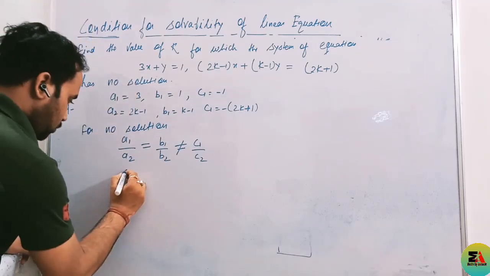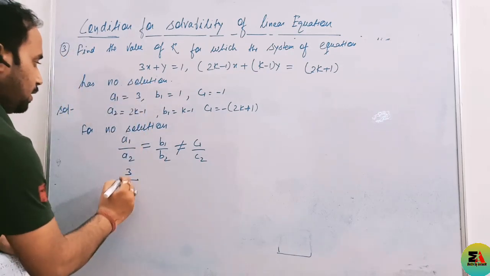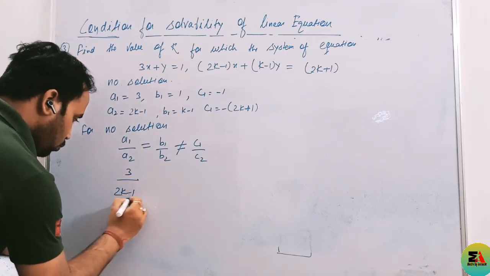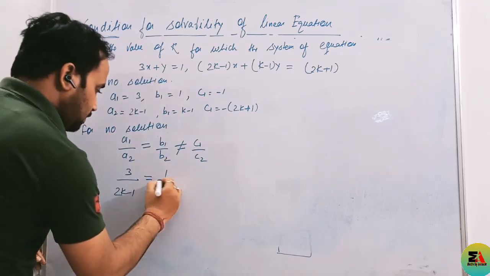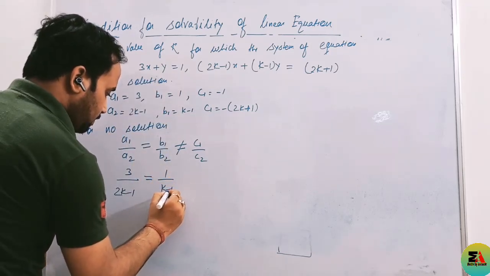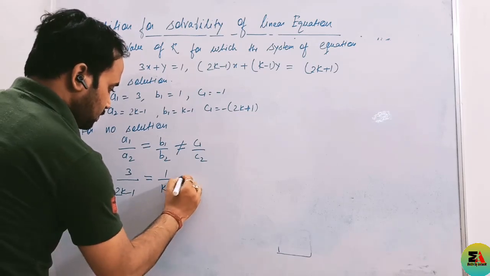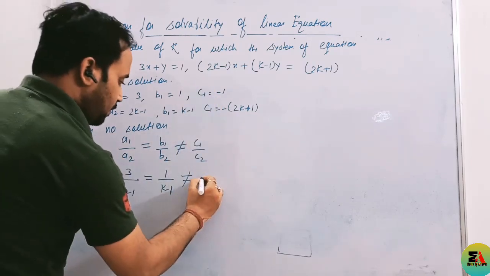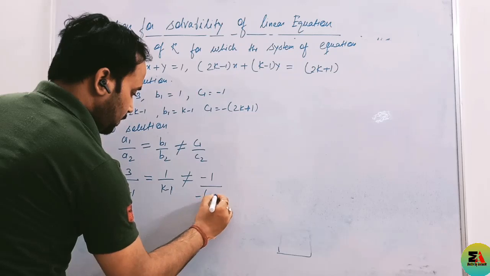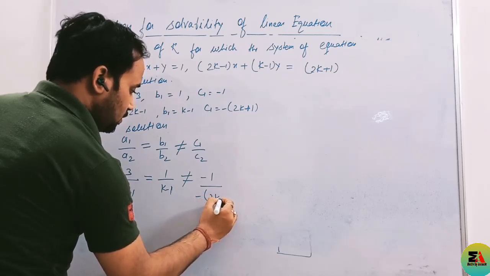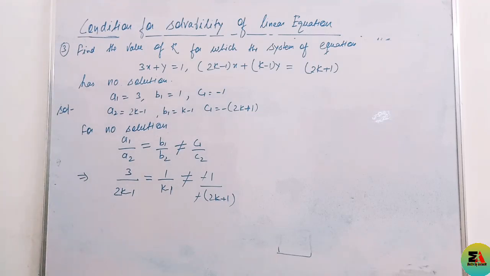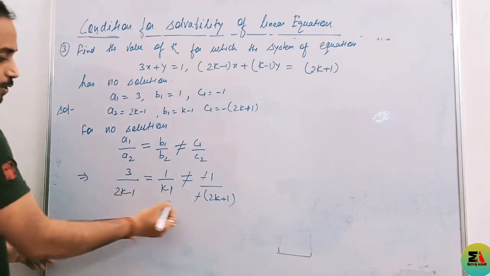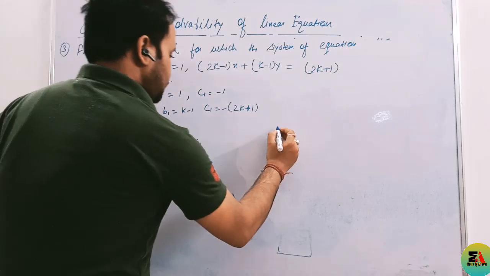Now substitute all the values. a1 is 3, a2 is 2k minus 1, equals b1 is 1 and b2 is k minus 1, is not equal to c1 is minus 1 and c2 is minus of 2k plus 1. The minus signs cancel out. Now take the first two and solve for k.